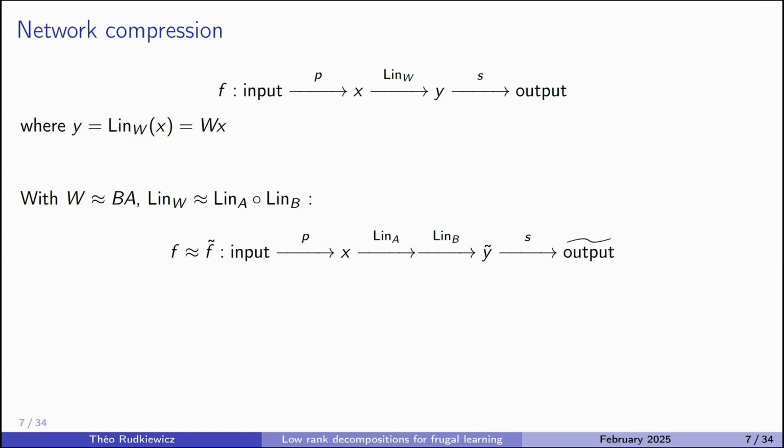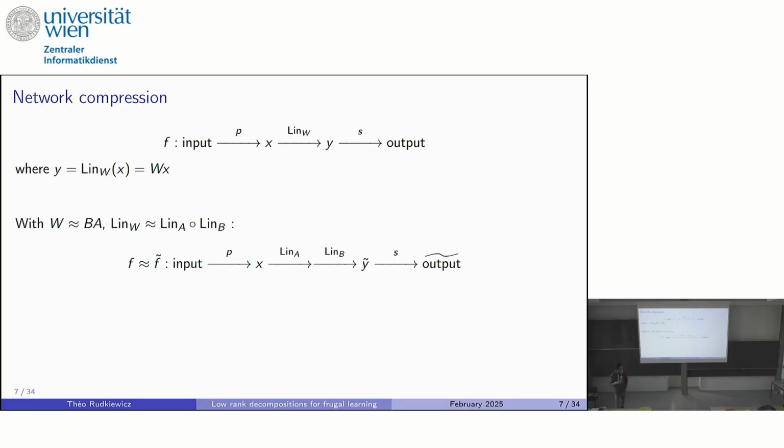So for example, if we can decompose W as a product BA, our linear layer is approximated by two linear layers. So we can replace in our network LW by LA and then LB. And this gives us a new network that is an approximation of the previous one.